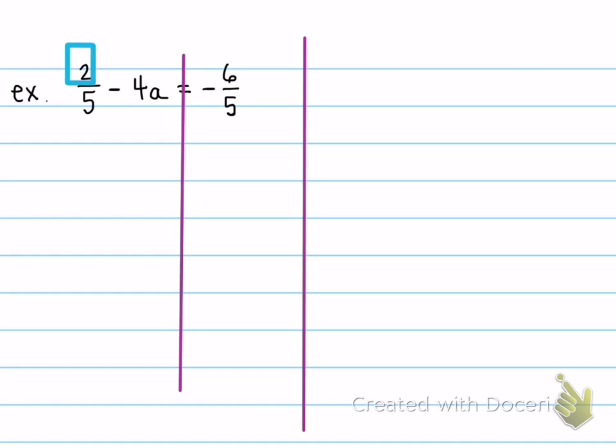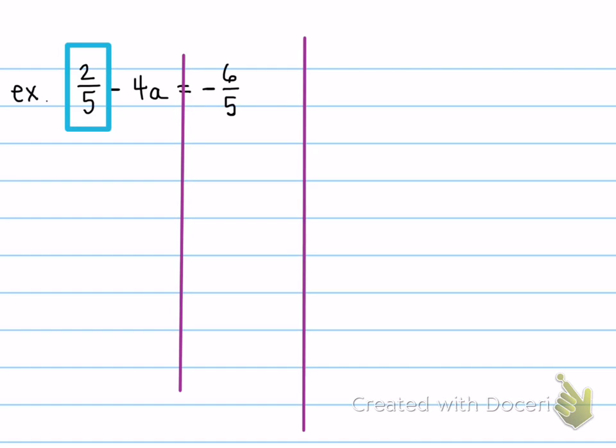Now, there are two different mistakes that people make when moving this 2/5. Because the last thing we learned was the reciprocal thing when moving a fraction, a lot of people want to multiply by 5/2 and multiply by 5/2. The problem is that 2/5 is not multiplied to the variable.